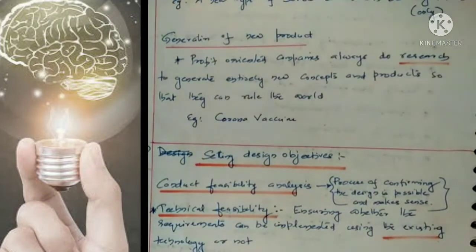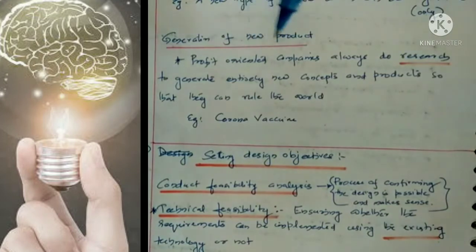In addition to such cases, the profit-oriented companies always do research to generate entirely new concept and product so that they can rule the world. So all the household equipment or mobile companies, they always do their own research so that they can come with innovative ideas so that they will get upper hand in the market.